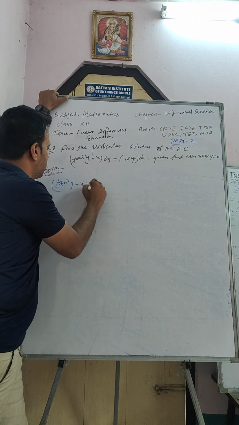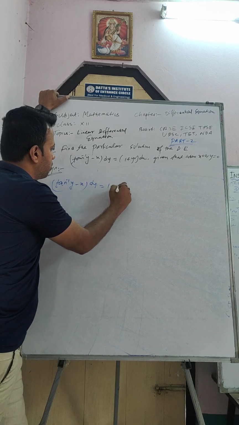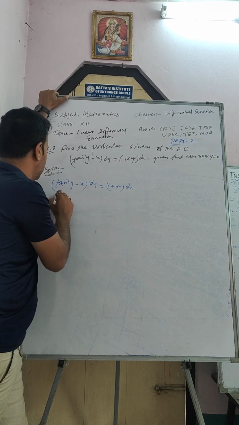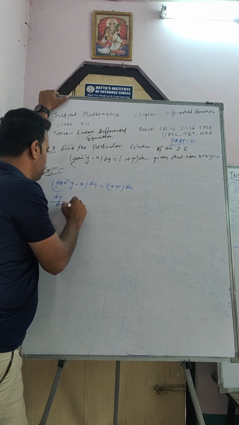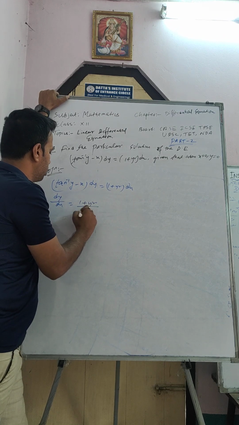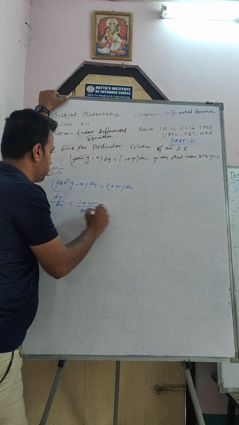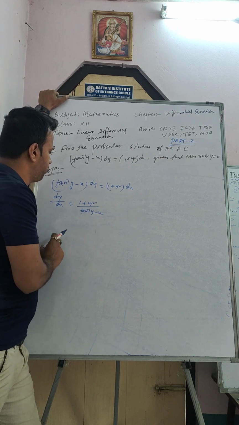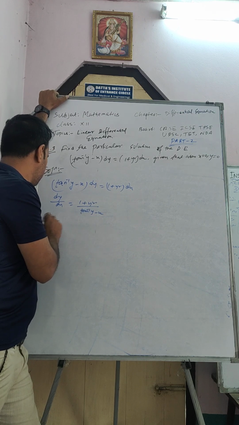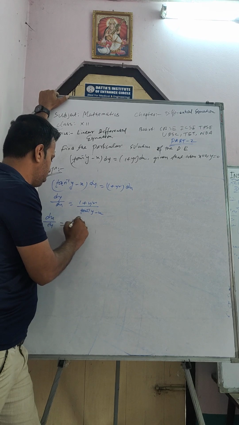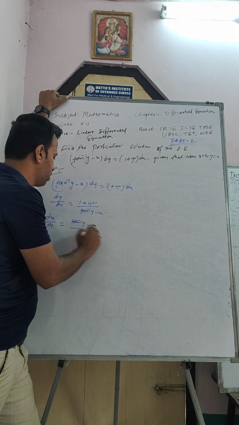Tan inverse y minus x dy equal to 1 plus y square dx. So dx/dy is equal to tan inverse y minus x by 1 plus y square.